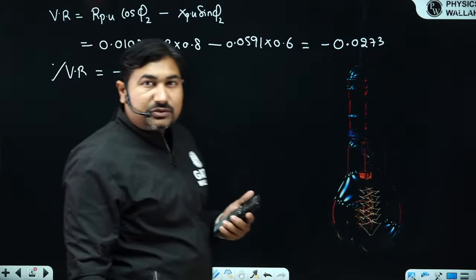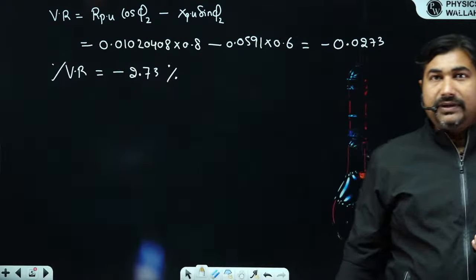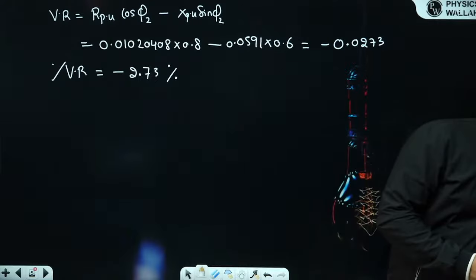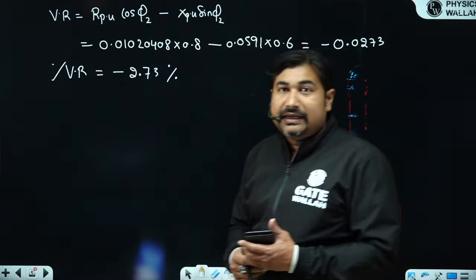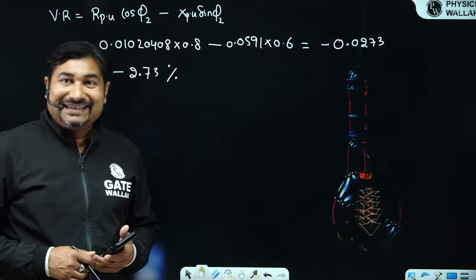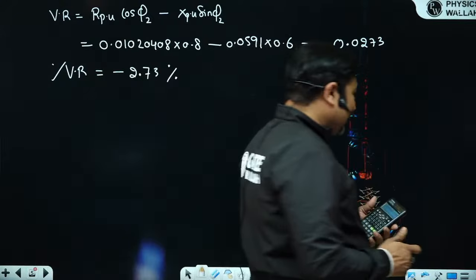So you have to use the negative as well while typing. How many of you have given this correctly? Okay. I'm not getting any answer from anyone. Why, beta ji? Okay, so let's move to the next one.